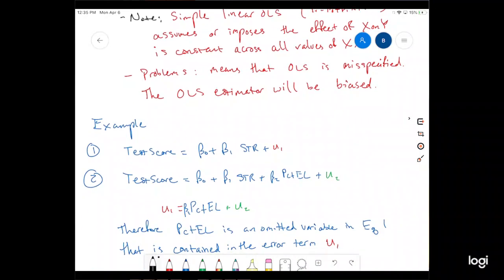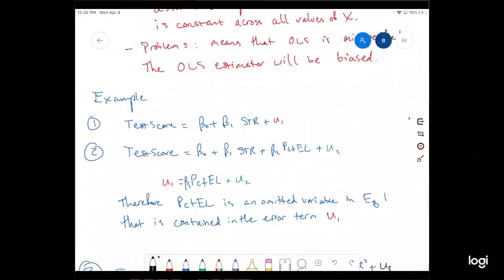So let's look where does this show up in the error terms? Well, just like when we left out important control variables, those variables are contained in the error terms. So let's look at two examples here. Test scores on student-teacher ratios by itself, so that's going to be equation 1. Equation 1 here is just test scores regressed on student-teacher ratios by itself with an error term in red, U1.